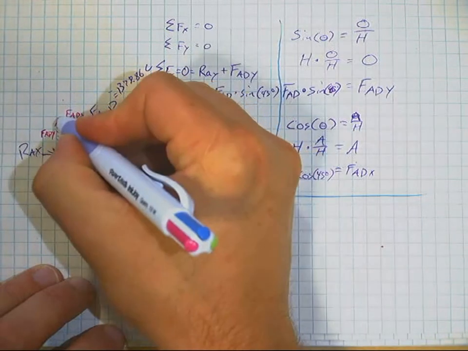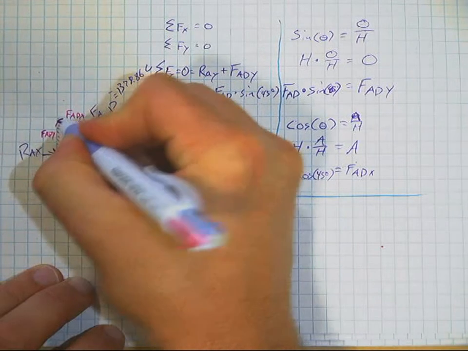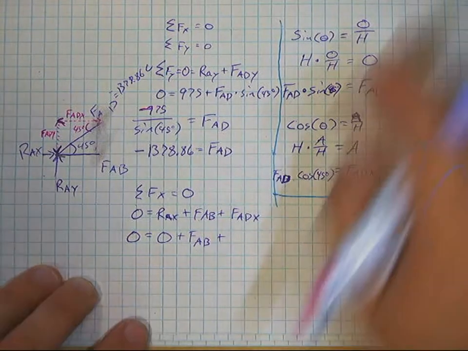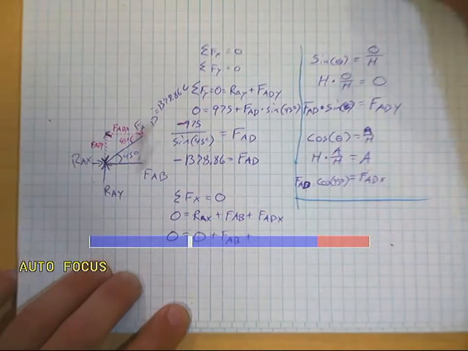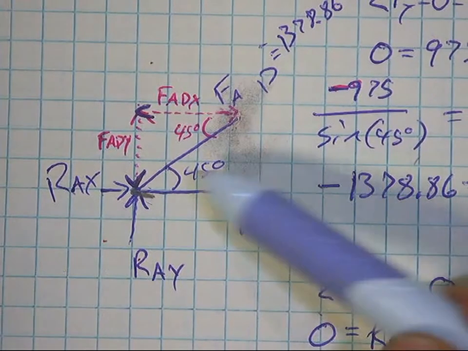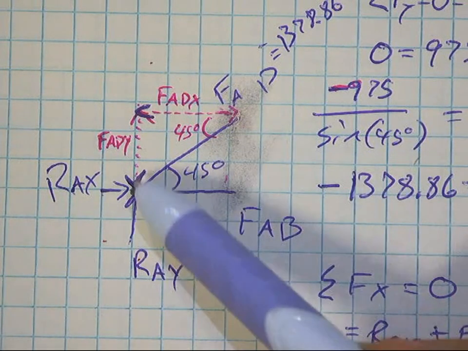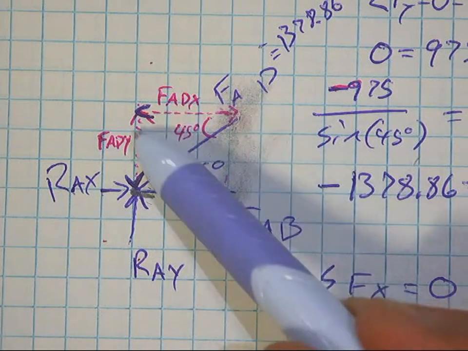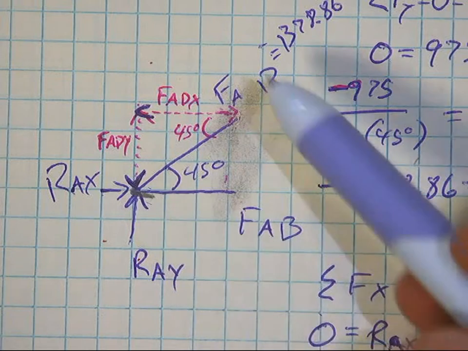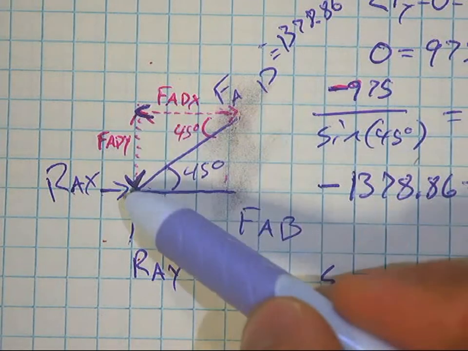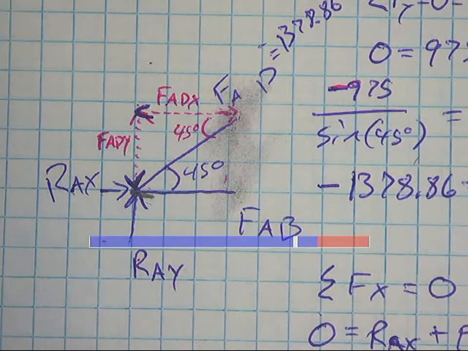We also know that FADX is pointing to the left, not the right. As soon as we got that negative value for FAD, the component vectors are in a different direction: FADX is to the left, FADY is down.